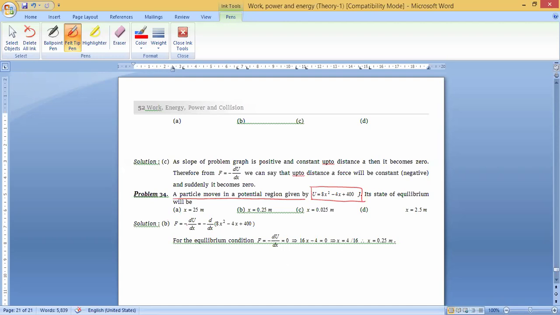Now we take F equal to 0, so 0 is equal to 8 times x square means 2x, minus 4 into 1, plus 400 whose differentiation is 0. Therefore 16x equal to 4. Then x equal to 1/4 meter. 1/4 means 0.25 meter, in centimeter, 25 centimeter.